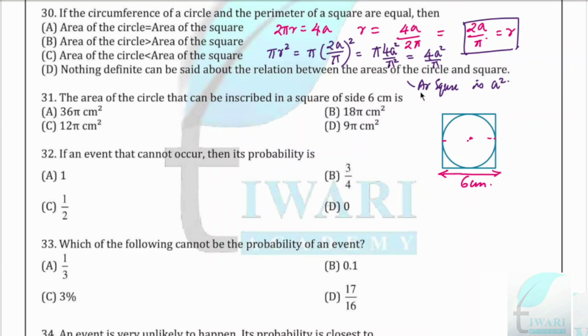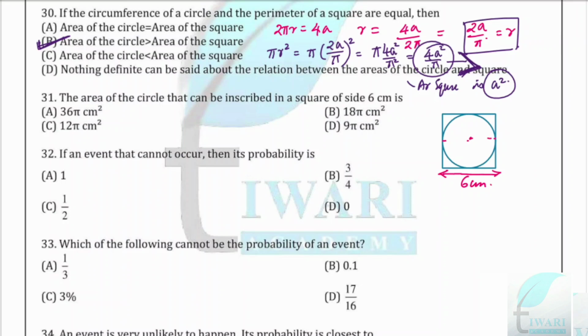If you compare 4a square by pi and a square, 4a square by pi is greater than a square. So the area of the circle is greater than that of the square. Option B is the right answer.